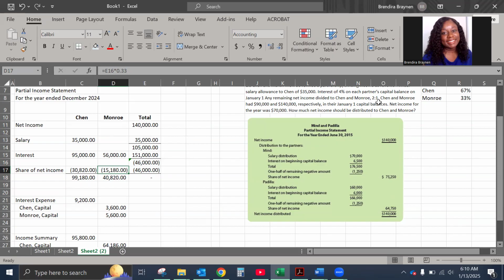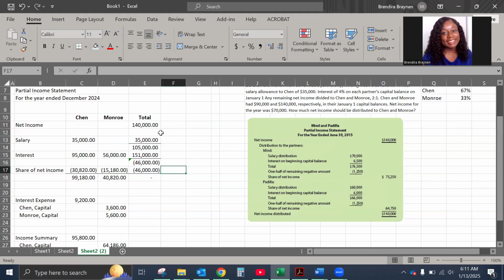That means also that net losses are divided 2 to 1. So net losses are also shared according to the same percentage. And so we would take the $46,000 loss and multiply it by the 67% and by the 33%. And we would distribute the loss now.